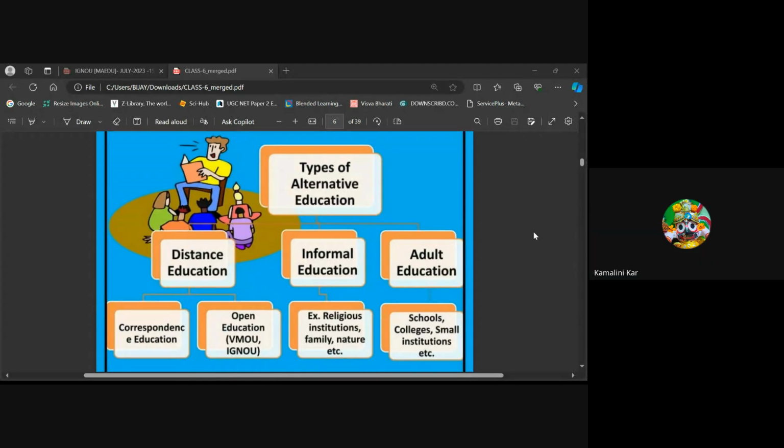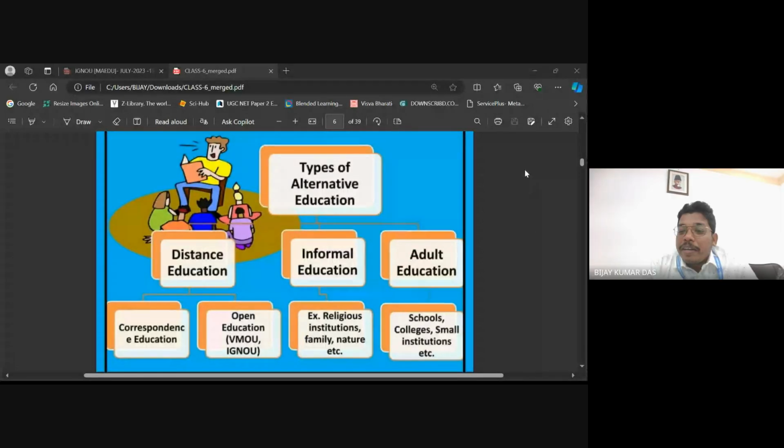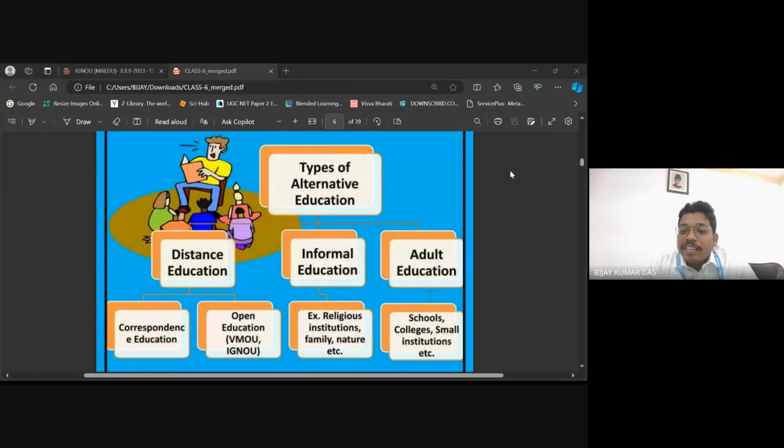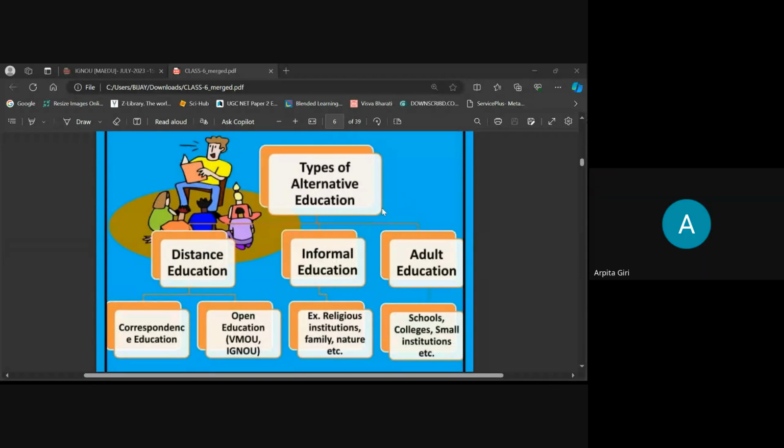Sir, I am from Baleshwar. Baleshwar, Soro. Okay, fine. Sir, I am from Anandpur, Keonjhar. Okay, very good. I am from Baleshwar. Baleshwar, right?